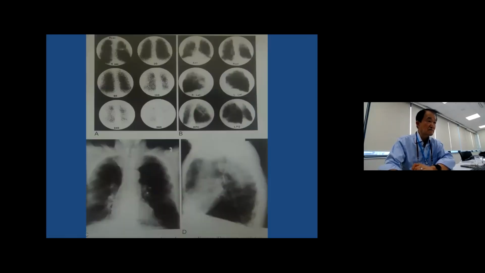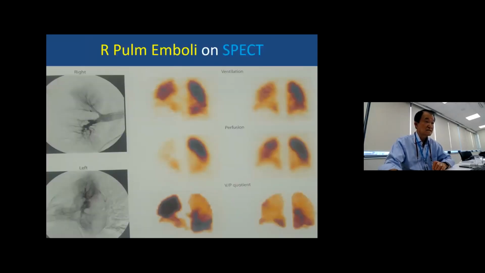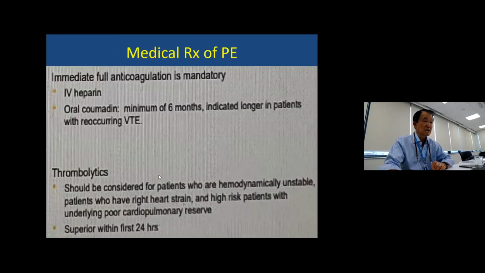Yeah, these are all the cases. Okay, I have to move fast. SPECT can better pinpoint a weak mismatch.